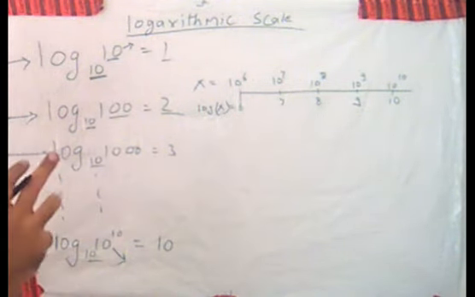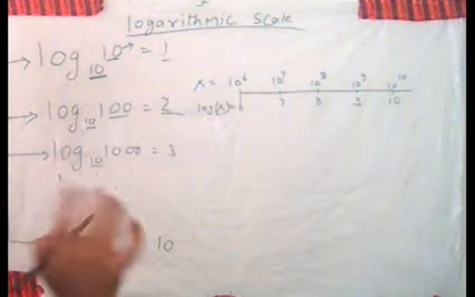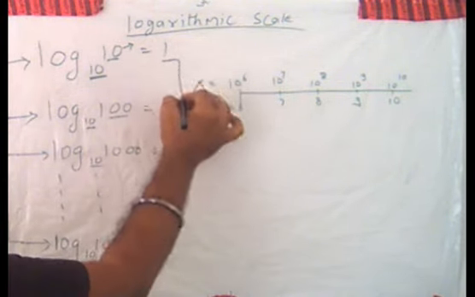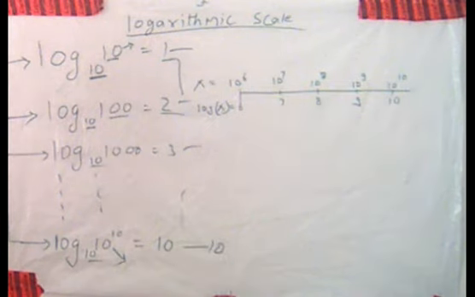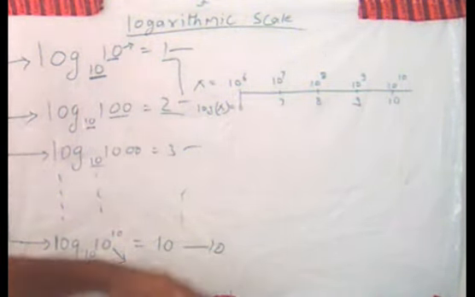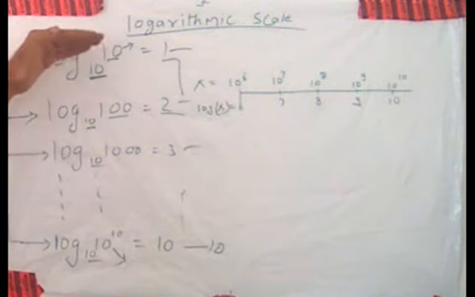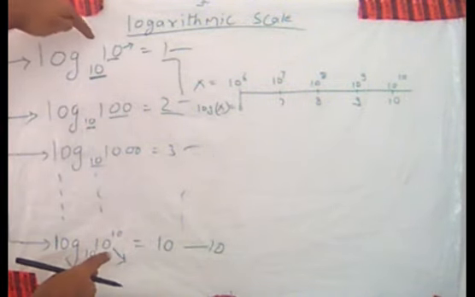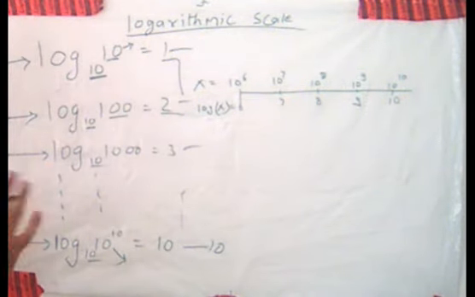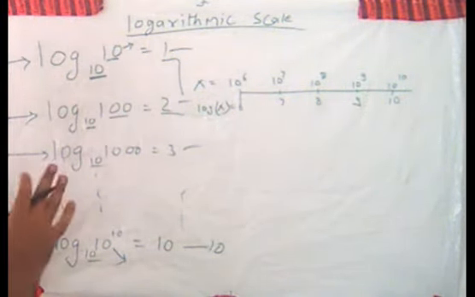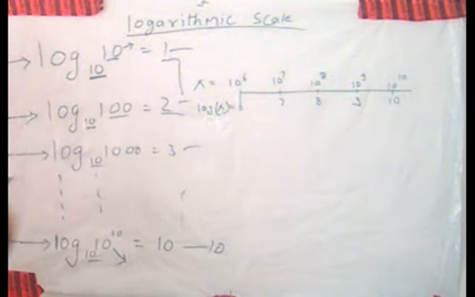I have compressed this data set in just 10 values. If you see these, this is 1, 2, 3, 4, 5, 6, 7, 8, 9, 10. This has got compressed into 10 values. So using these 10 values, I can work on data set which gets varied from 10 to 10 to the power 10 and so on. So this is the main use of log, and this is the basic concept of defining a logarithmic scale.